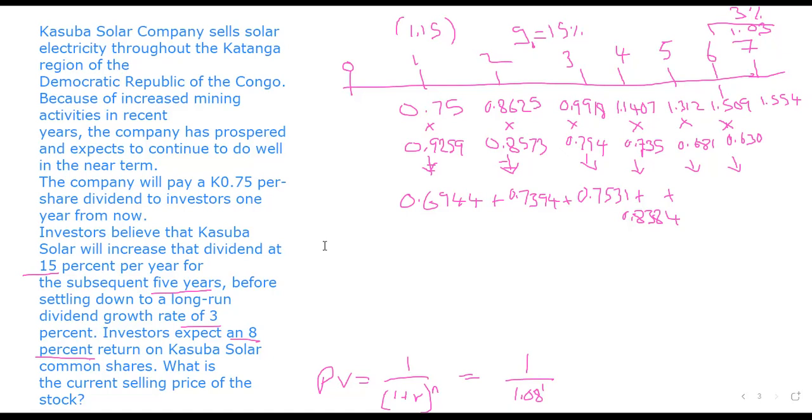The last one is 1.0276. Then add all these. What do I get?